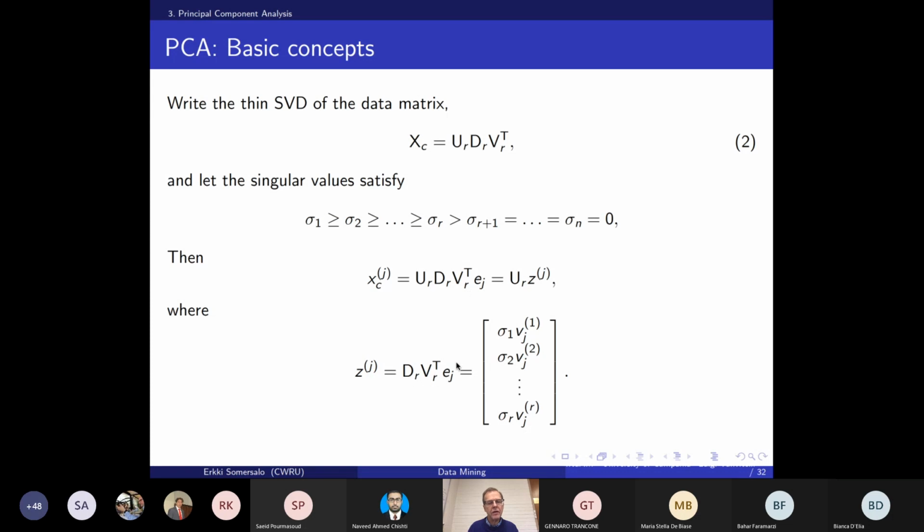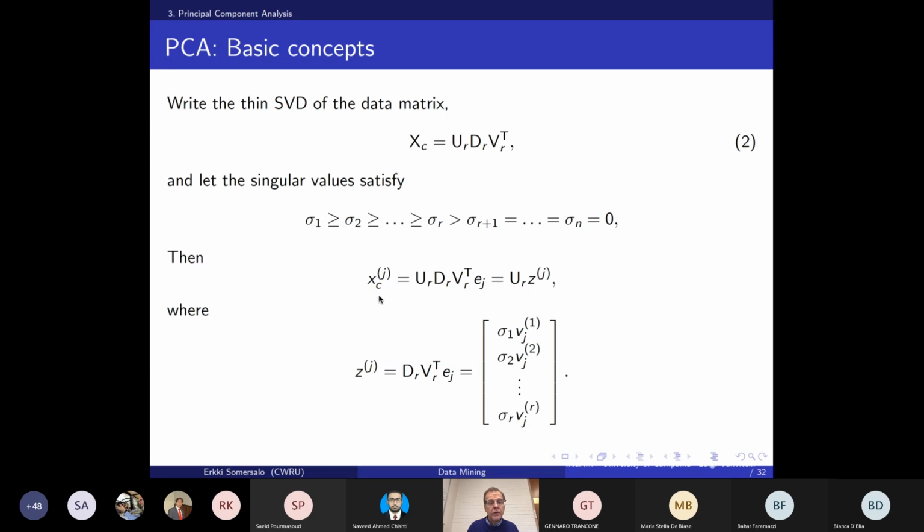So this vector CJ is called the principal vector, or principal components, of the jth data vector. And I'm going to try to make this even clearer later so that you see what this principal component means.